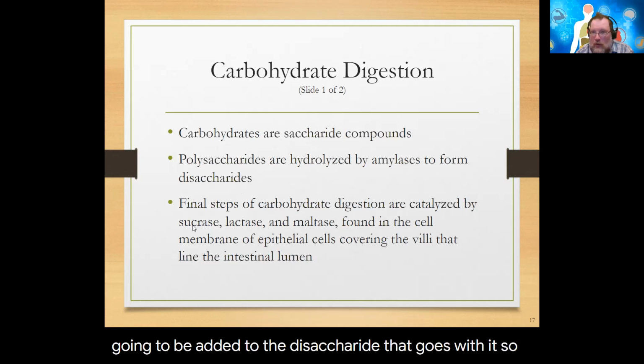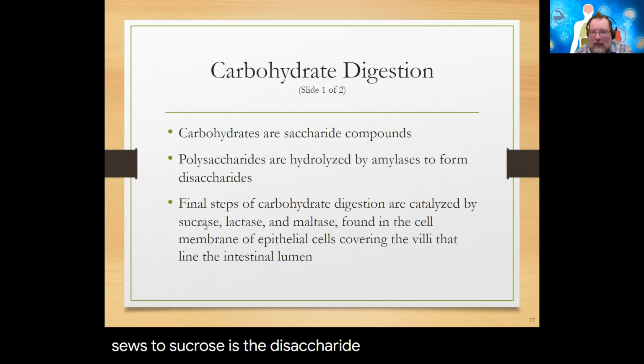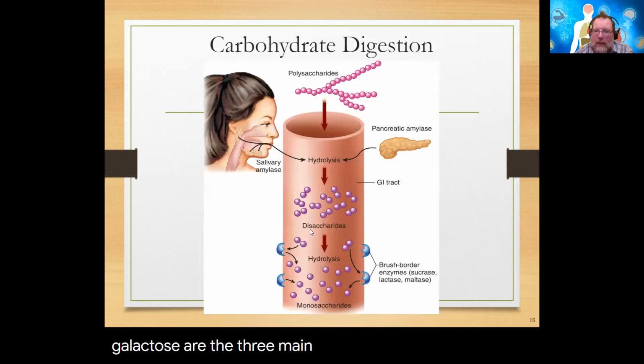So sucrose is the disaccharide. We add sucrase, and it breaks it into monosaccharides, actually 2 monosaccharides. So we'll see glucose, fructose, and galactose are the 3 main monosaccharides. So anyway, polysaccharide, we see long chain carb.